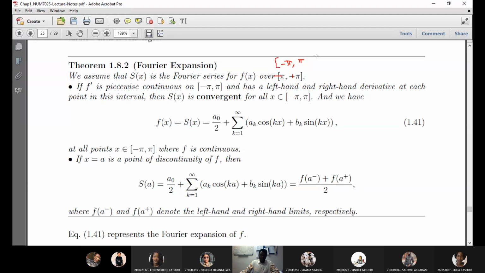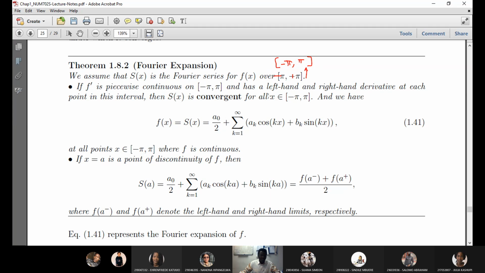Okay, so now if the first derivative of f is piecewise continuous on the same interval negative pi, and has left and right hand derivative at each point of the interval, then the Fourier series will converge for all x in the interval negative pi. And it will converge towards what?